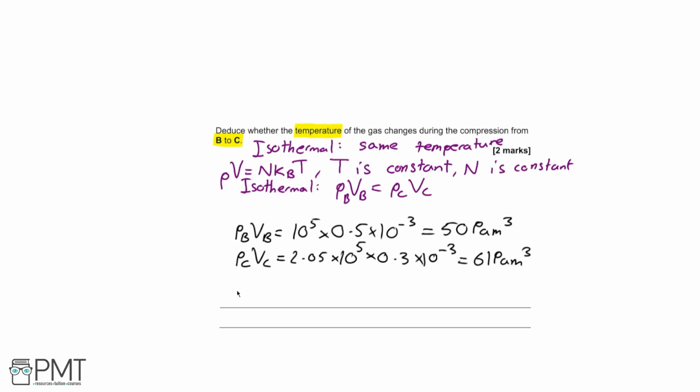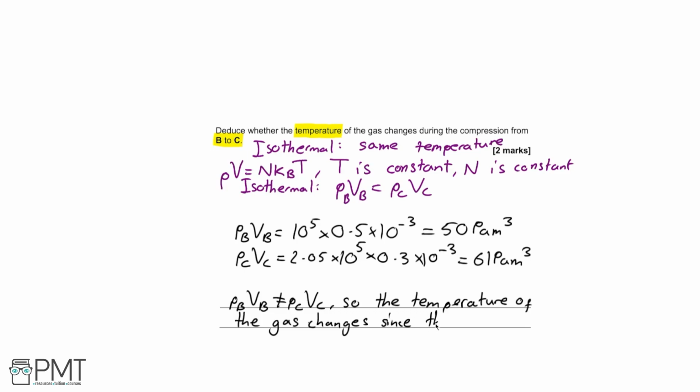So what we can see is that PB times VB is not equal to PC times VC. So the temperature of the gas must change because the change is not isothermal.